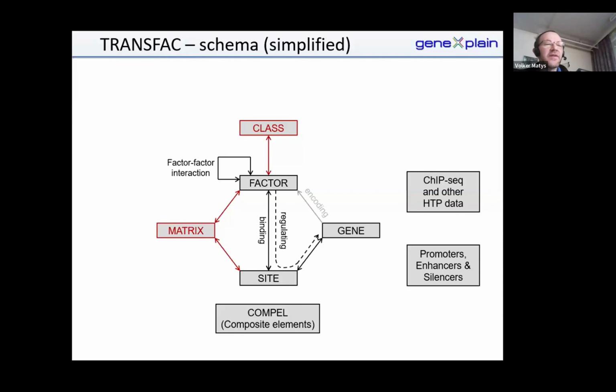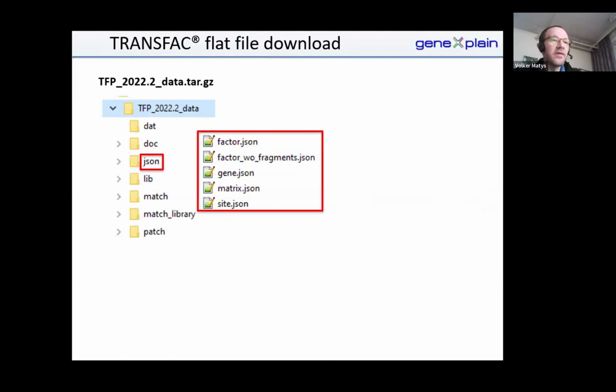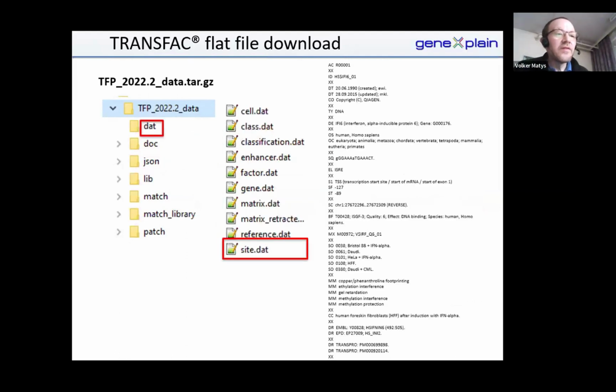Basically here, as I said, this MM field is for the method, for example, gel retardation or so, that was used for seeing the binding site. And you can see that for one and the same binding site, or interaction between one binding site and a particular factor, there may be various methods which have been used, and you could in principle use this for filtering the sites.